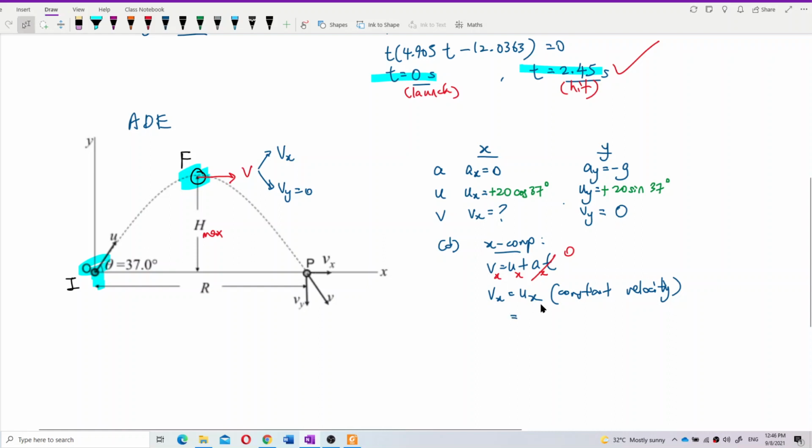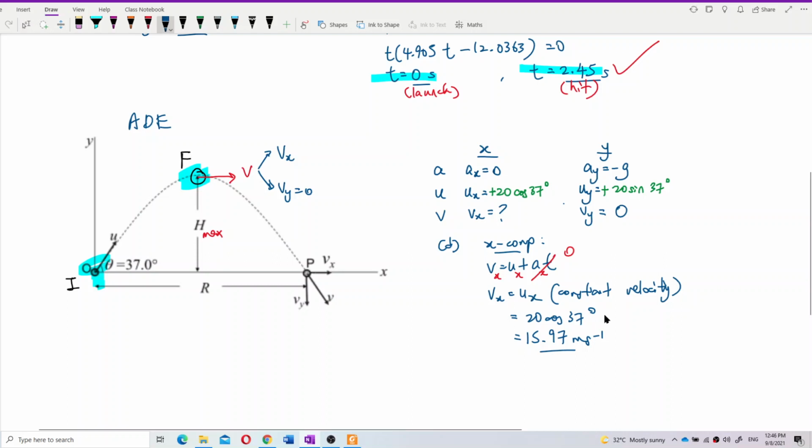It is 20 cos 37, which is 15.97 meters per second. We got the velocity in the x component. So Vy is 0, Vx is this one.